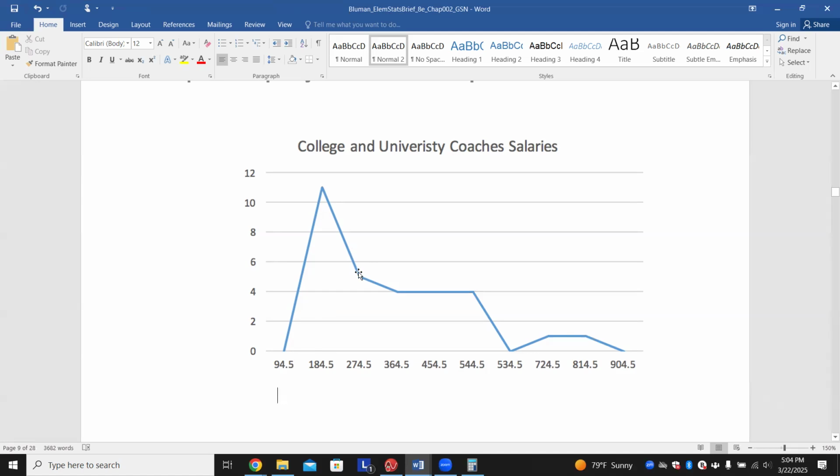And then you can see the next one's at 5. We plateaued at 4 for a couple of classes, went down to 0, plateaued at 1 for a couple of classes. And then you want to do the midpoint of the class past yours. So again, it comes back down to 0. So this would be a frequency distribution graph right here, also known as your frequency polygon.